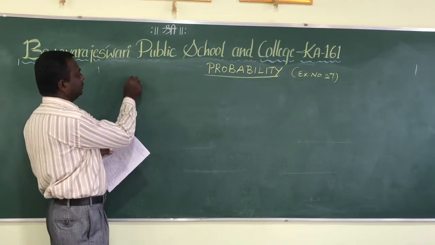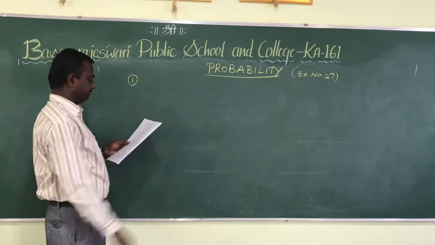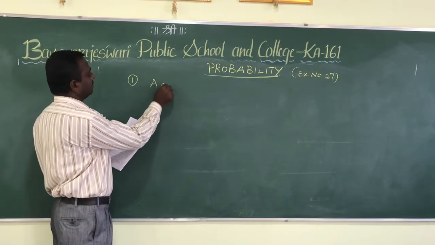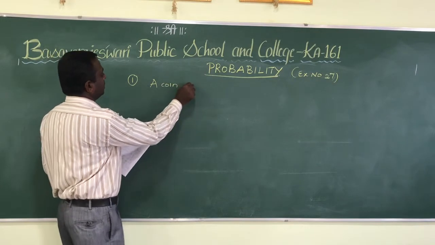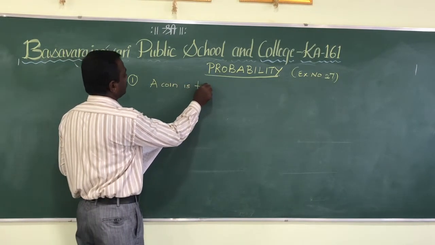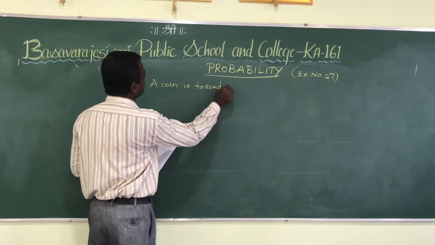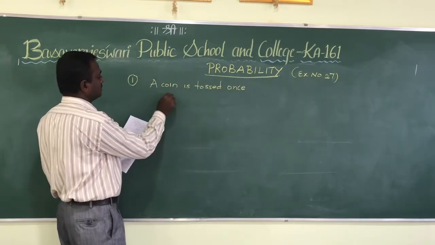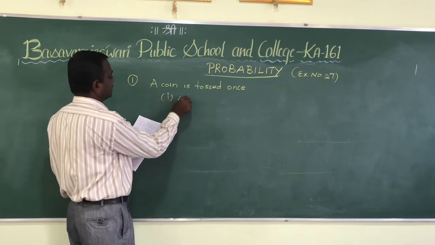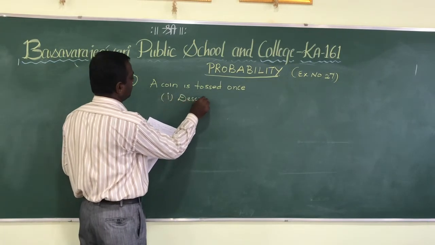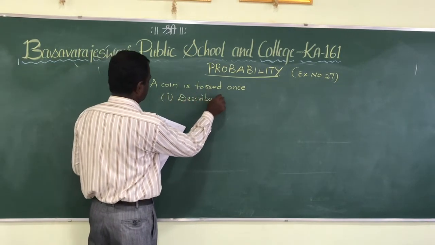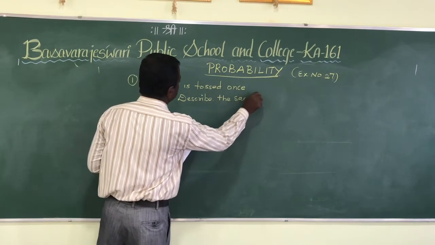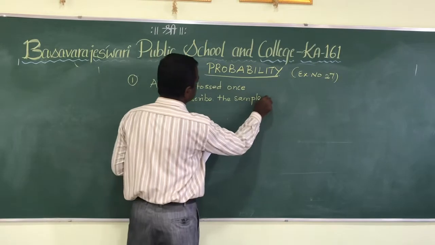It is related to a coin. A coin is tossed once. First sum, describe the sample space.